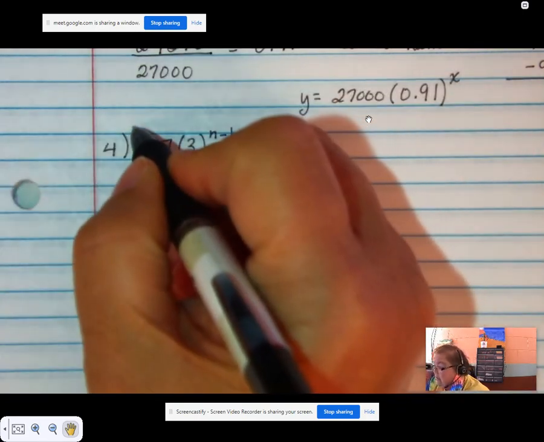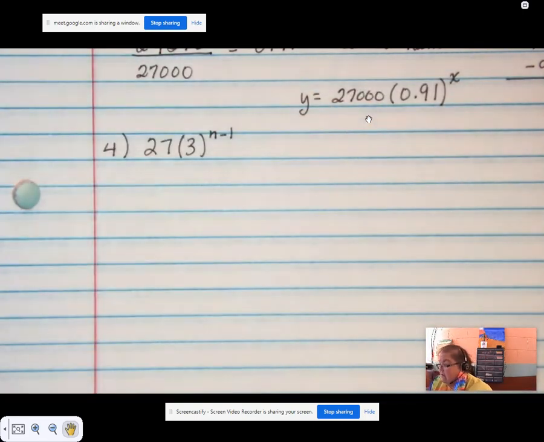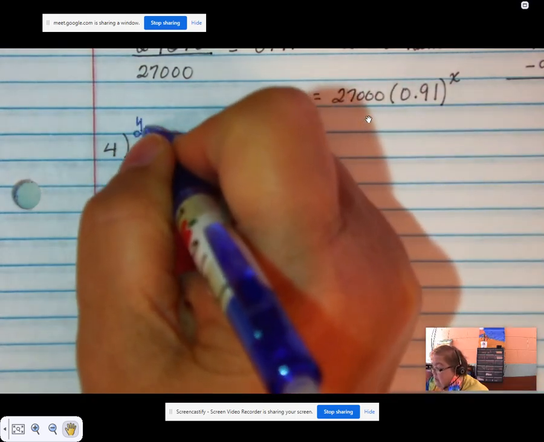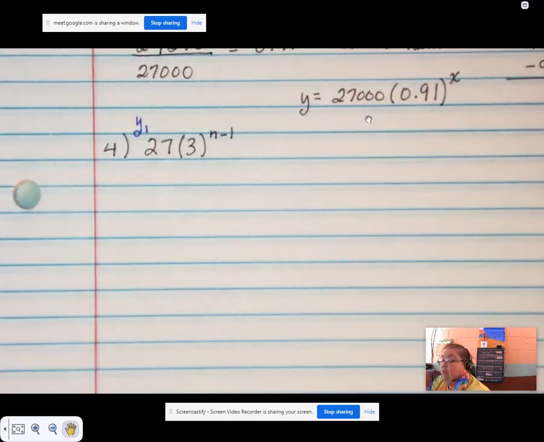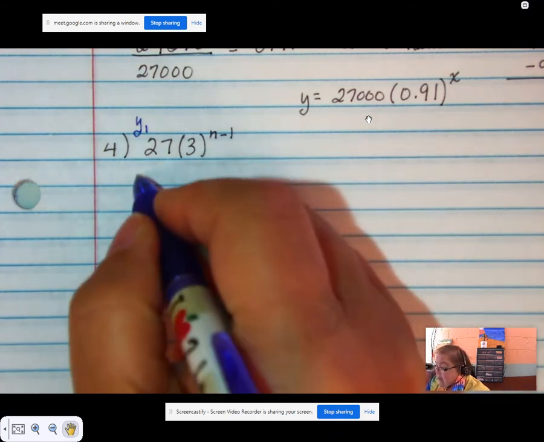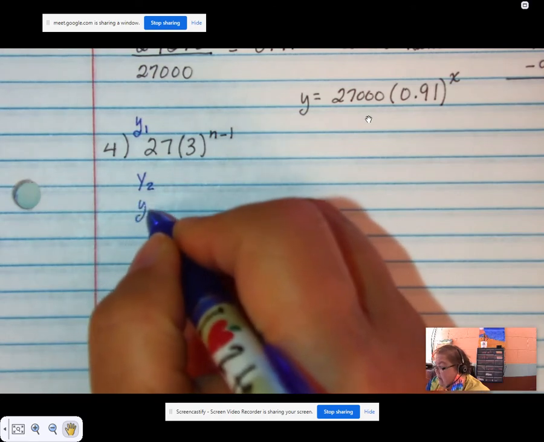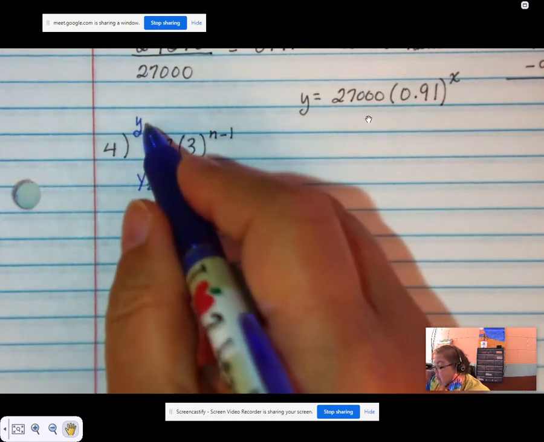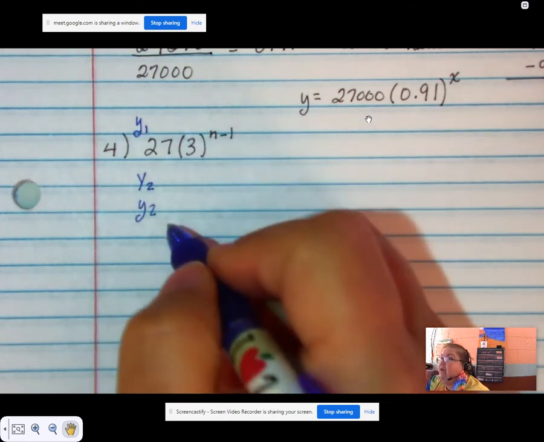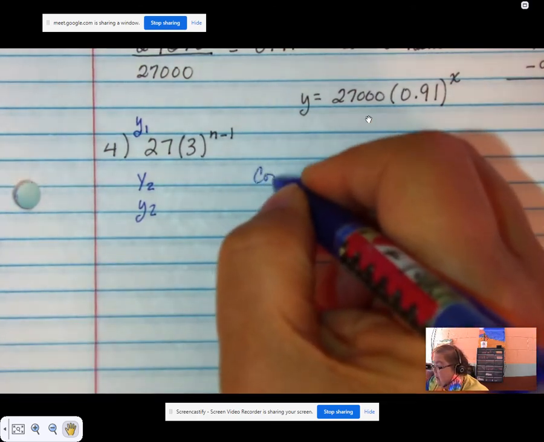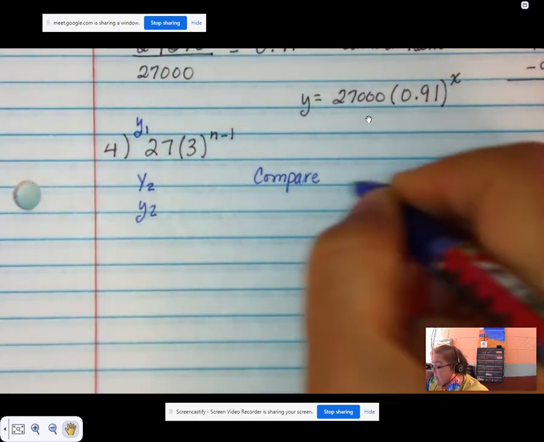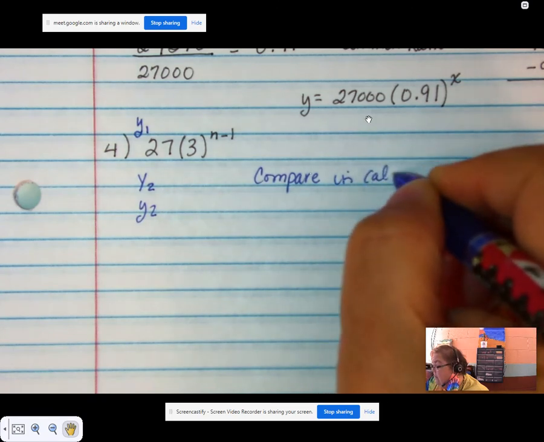So this is what I would do. I'd put this in y sub 1 in my calculator. And if I want to find what's equal to it, then I would put the next ones in y sub 2 and see if they're equal. And then compare y sub 1 and y sub 2. So you're going to compare them in the calculator.